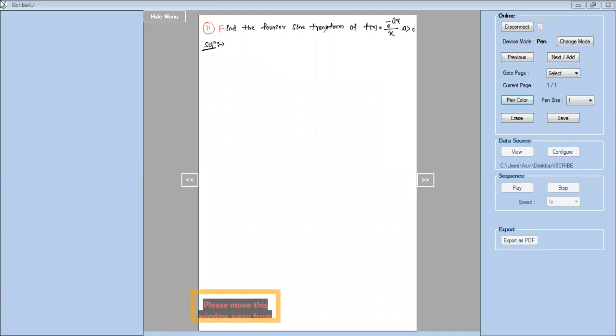Solution. Here I want the Fourier sine transform, and we know the formula of the Fourier sine transformation. So first we'll write that formula.